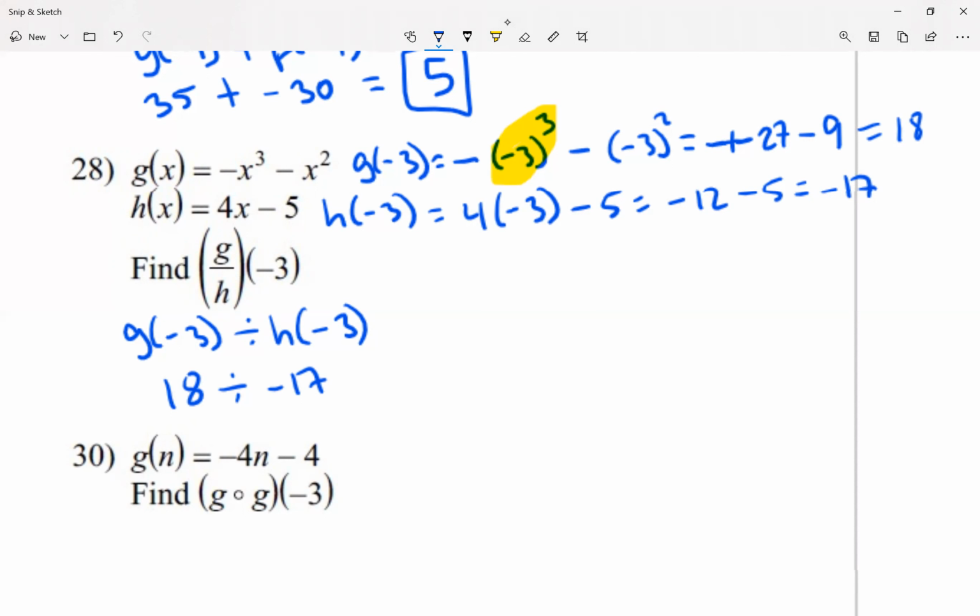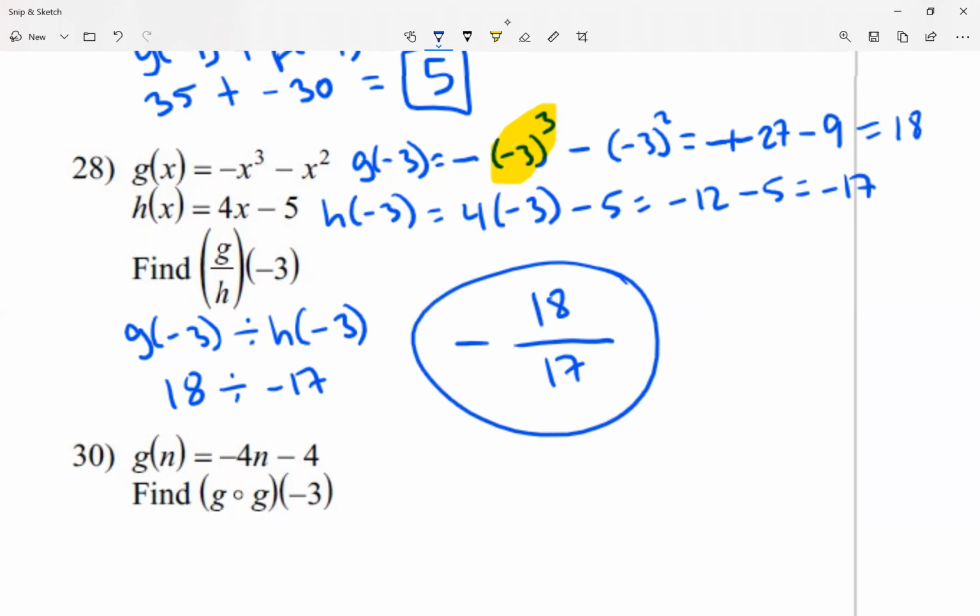I see a negative sign, right? Positive divided by negative. So I'm going to have a fraction, and then I'm going to have the negative sign in front of the fraction. When there's a negative sign, whether it's the first number or the second number, just bring it to the front. And I'm going to have 18 over 17. So negative 18 over 17.